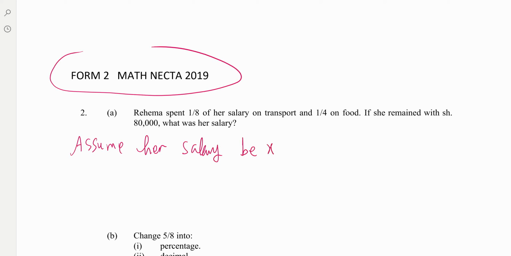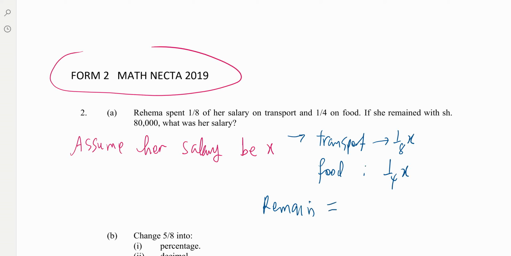be X. So if you go with this assumption, it means transport is 1/8x, and the food will be 1/4x. So the remainder will be x minus, in the bracket, 1/4x plus 1/8x.